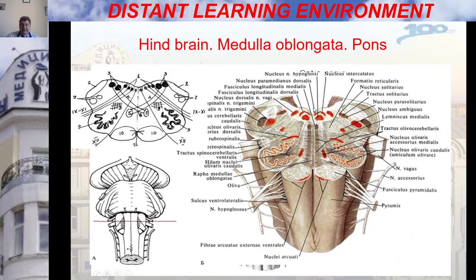Above, the posterior funiculi diverge laterally and pass to the cerebellum to be components of its inferior peduncles, pedunculi cerebellares inferiores, bounding the rhomboid fossa below. You may see the part of the inferior peduncles here.